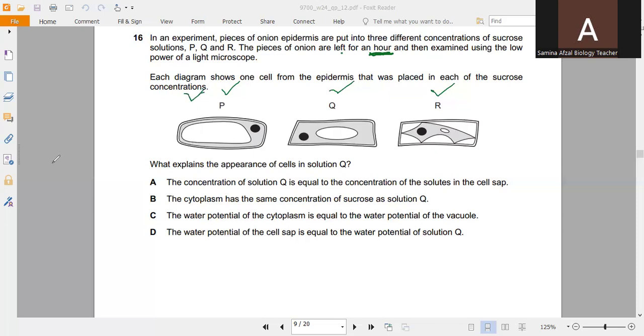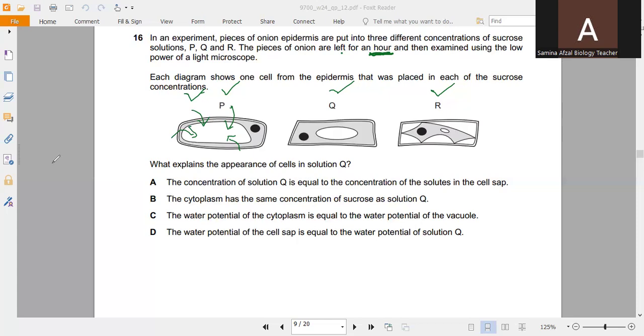Its shape shows that it is turgid. It means the water potential of the solution P was more than the water potential of the cell. So water entered into it, due to which it is turgid and it is increased in size.